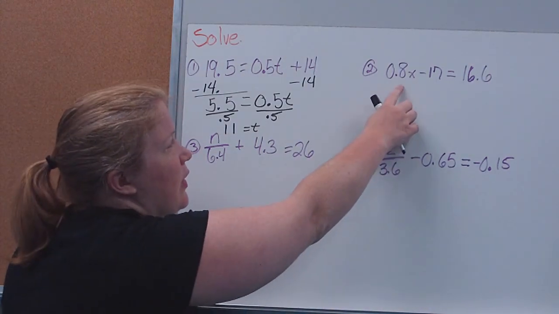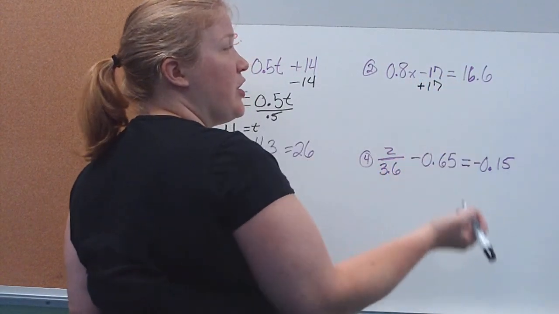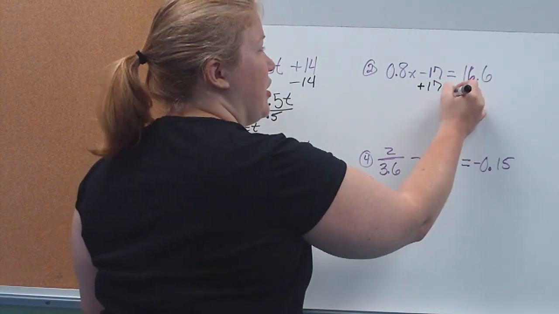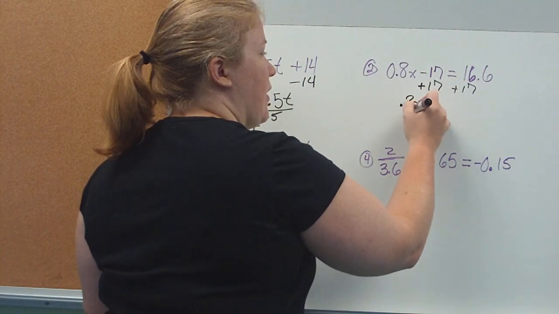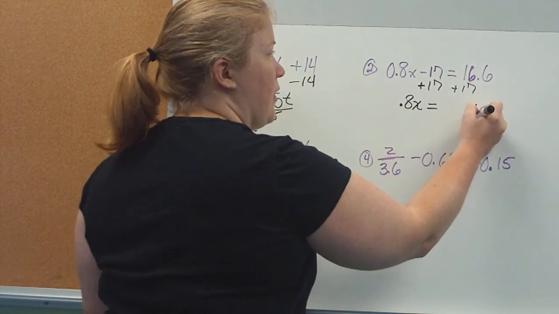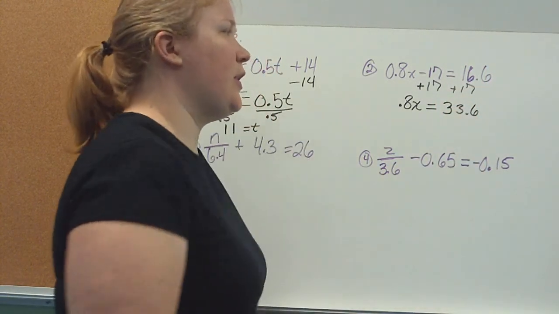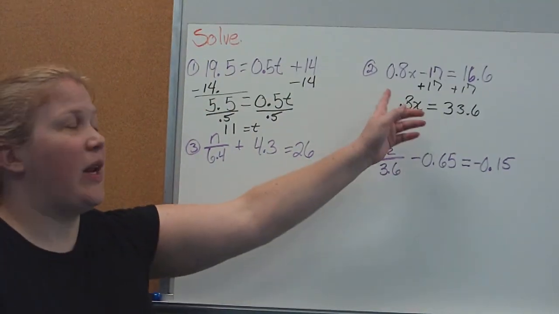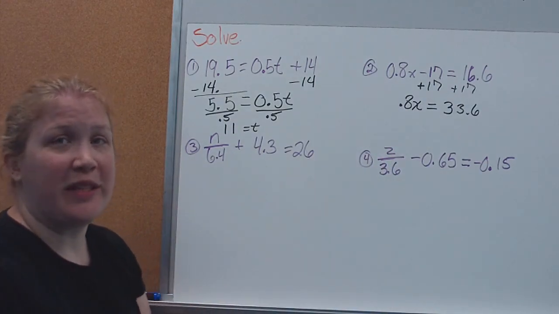So if you look over at this one, I'm multiplying and I'm subtracting. Inverse order of operations to undo it. The first thing I want to undo is the subtraction. So let's add 17 to both sides. All right. When I add 17 to both sides, I wind up with 0.8x is equal to 33.6.